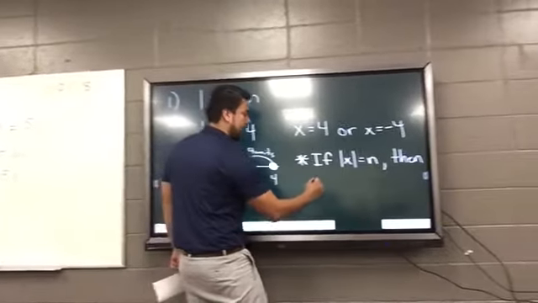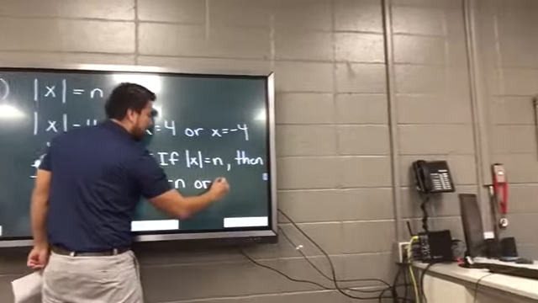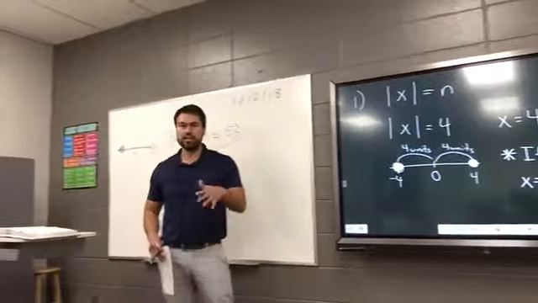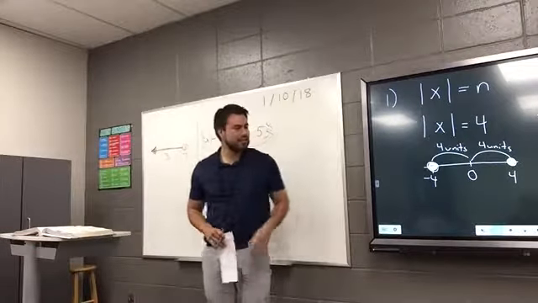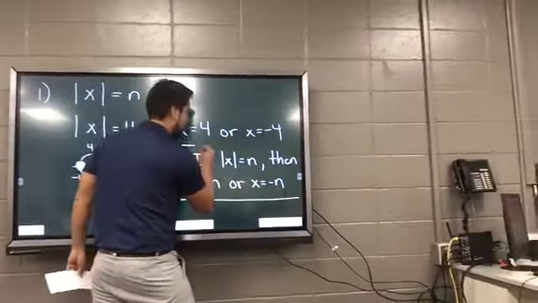You would write x is equal to n or x is equal to negative n. So write that down. Try to kind of digest it a little bit. You're like, wait, what is that? What does that even mean? I'll box it too so you know. This is important.